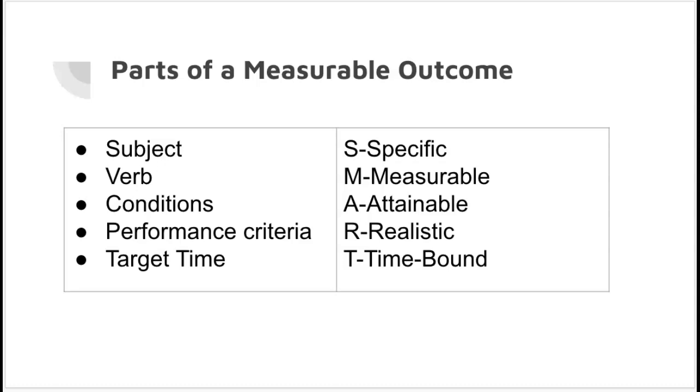The condition would be the particular circumstance for the patient. So this is how we will achieve the outcome. And not every outcome specifies a condition. The performing criteria is the expected patient behavior or other manifestation, described in an observable, measurable manner. The target time is when we expect a patient to achieve their outcome.